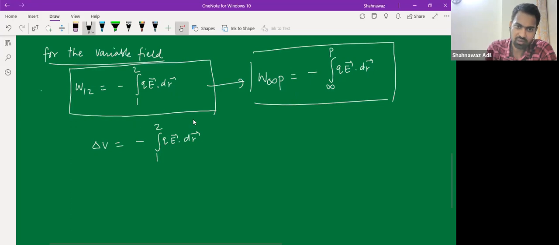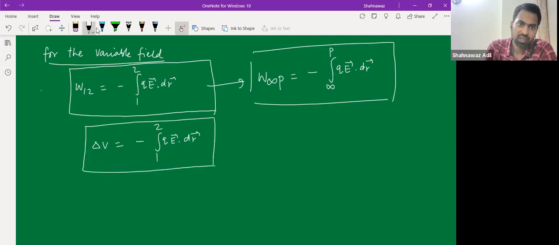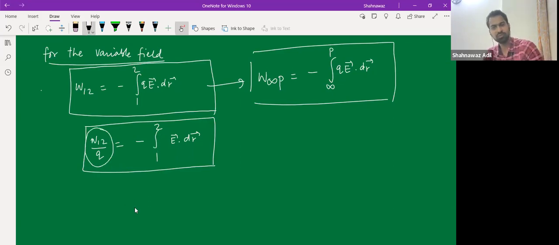So this is the potential, V, if I divide it by Q. So if I divide W12 by Q, this would be how much? W12 by Q, this is how much?